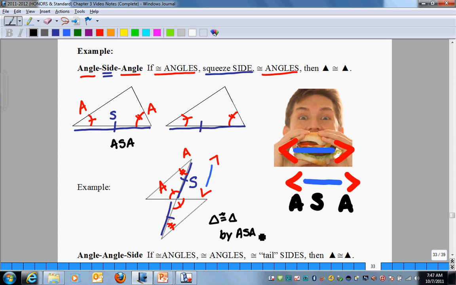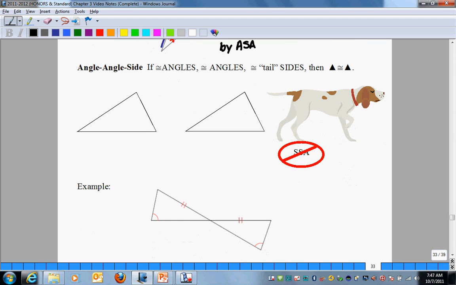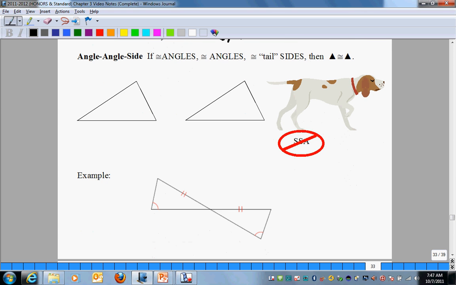Not to be confused with the next one, which looks very closely like it, but is not exactly the same. In this case, there's a pair of angles, and then another pair of angles.